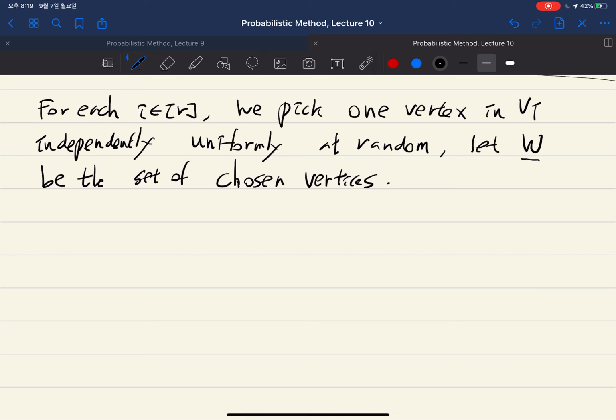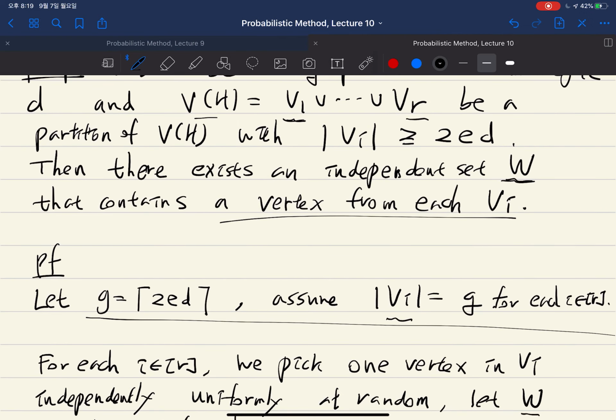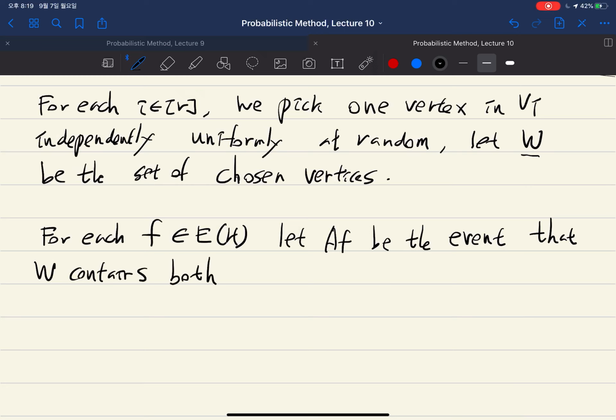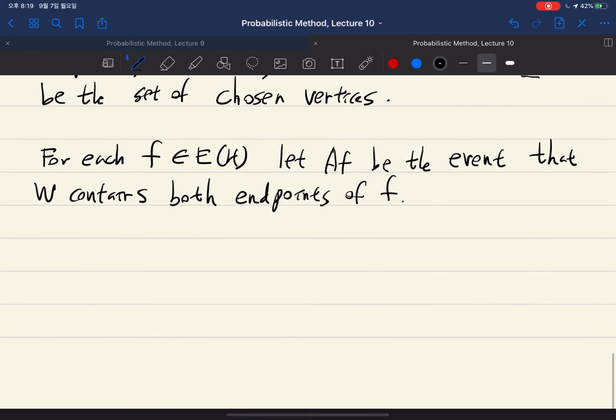So now let's consider the bad event. What's the bad event? For each edge f of H, we don't write e because we don't want to confuse it with the base of the natural log, we write A_f for the bad event that both endpoints of f lie inside W. So W contains both endpoints of f.